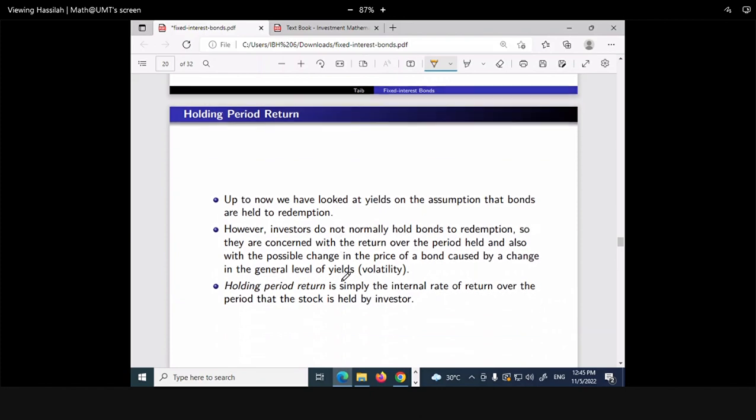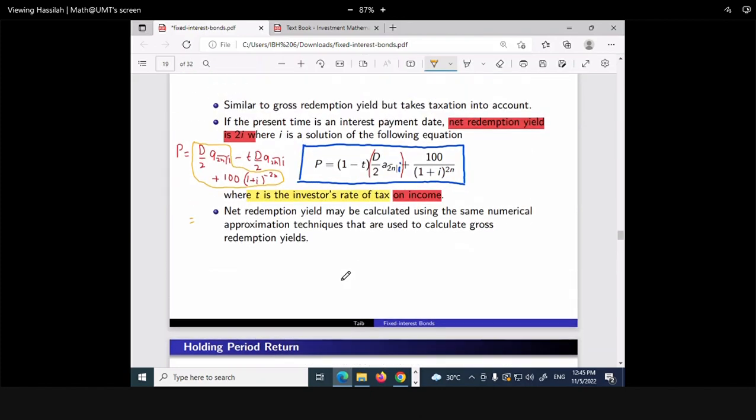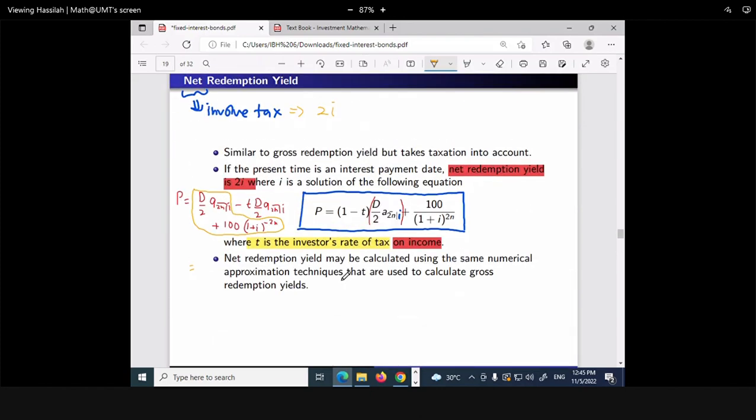Doctor, when we want to buy a bond, do we calculate the net redemption yield or the gross redemption yield to see whether it is worth purchasing the bond? It depends. If you have to pay tax on the bond, then you use this one. So you calculate the redemption yield by means of this formula.